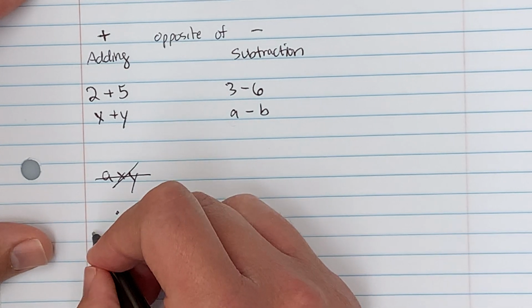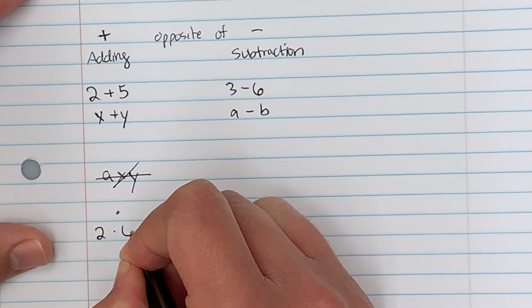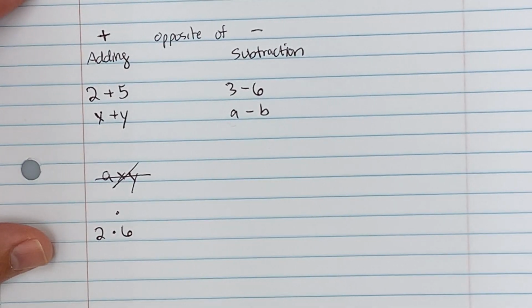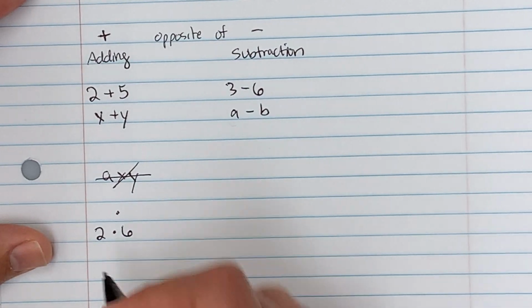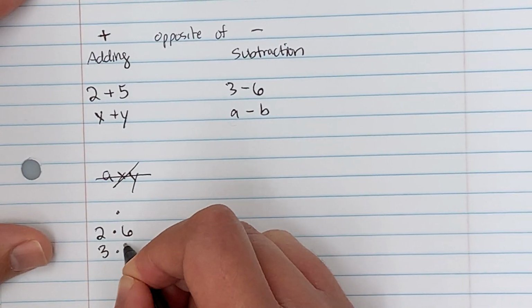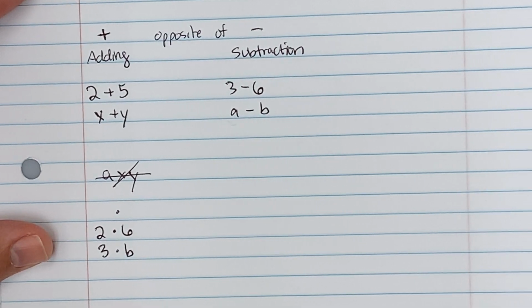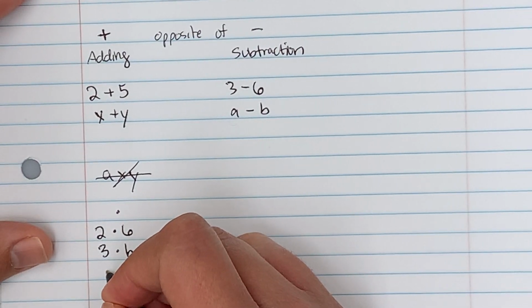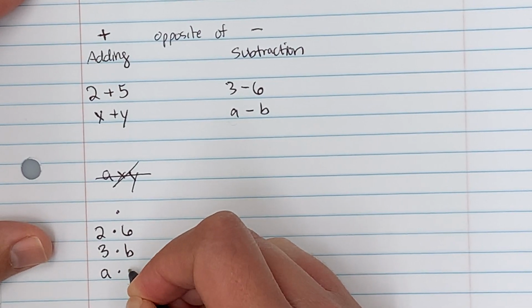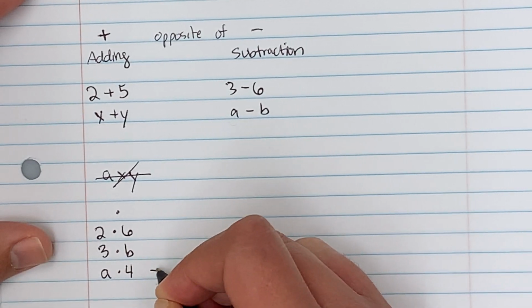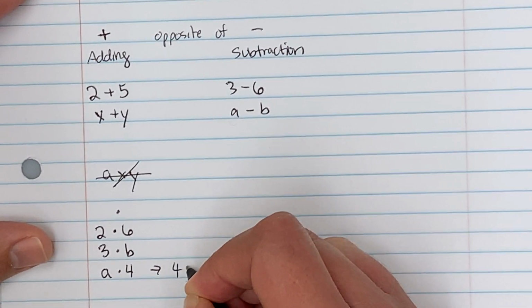So if I have 2 times 6, right? That dot means to multiply. If I have 3 times b, that dot also means to multiply. However, there's a few other ways that could mean to multiply. If I had a times 4, that's the same thing as just 4a.